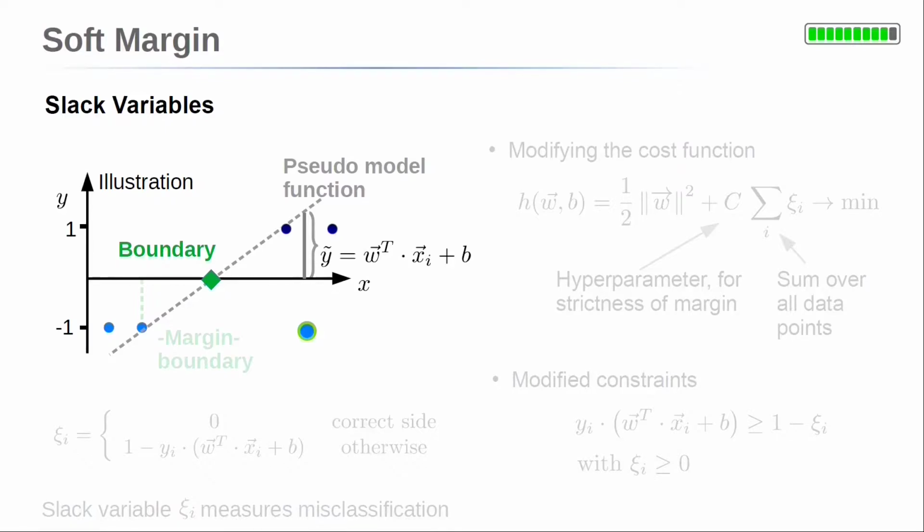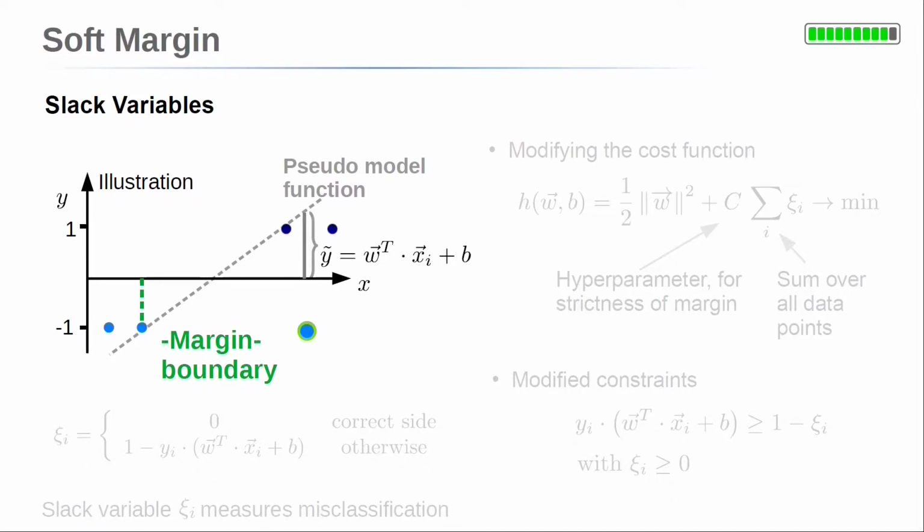It is 0 at the boundary and increases linearly outwards. However, our constraints state that the data points should not only be on the correct side of the separating boundary, the data is even not allowed to be within the margin.